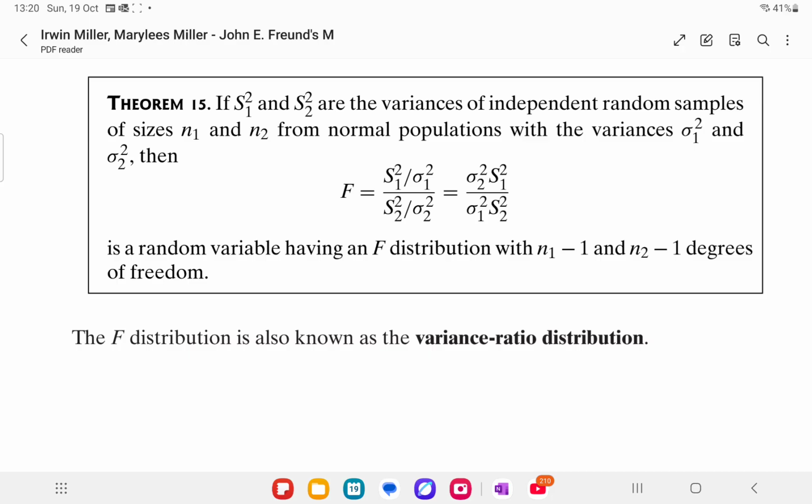If S1 square and S2 square are variances of independent samples of size n1 and n2 from normal populations with variance sigma 1 square and sigma 2 square, then we would write an F distribution.